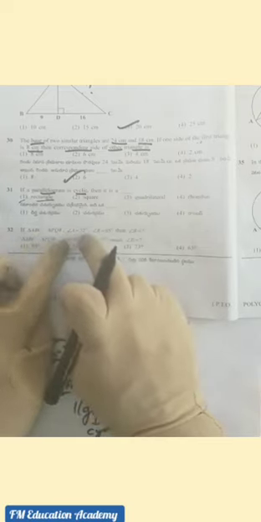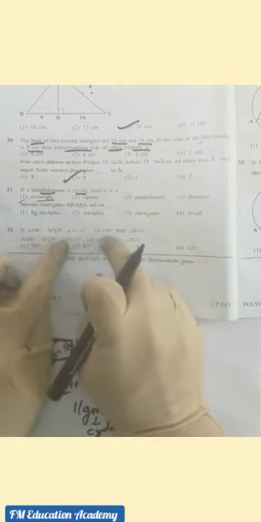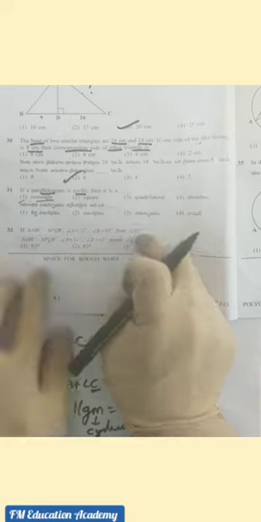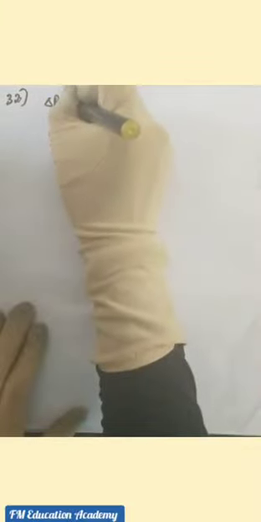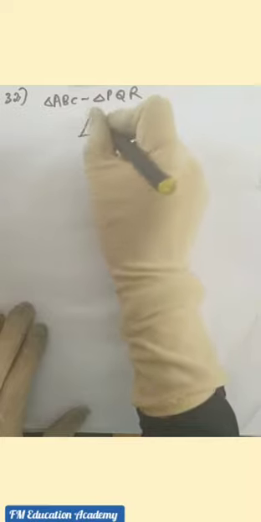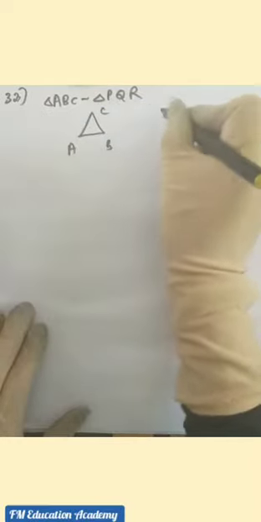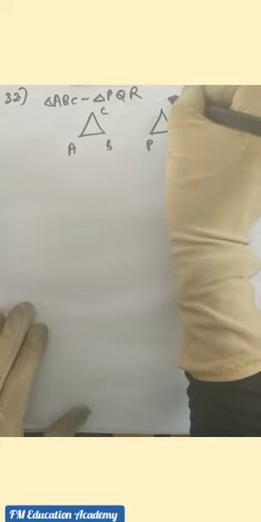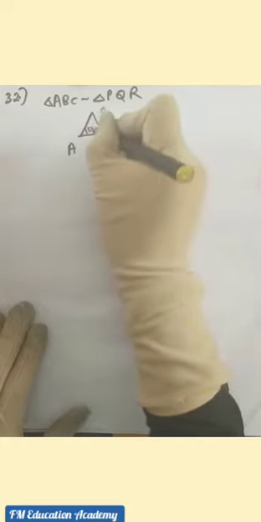32nd question. If triangle ABC is similar to triangle PQR, angle A is equals to 32 degree, angle R is equals to 65 degree, then what is the value of B? It's given triangle ABC is similar to triangle PQR. So let us suppose this is ABC, this is PQR, and angle A is given as 32 degree.